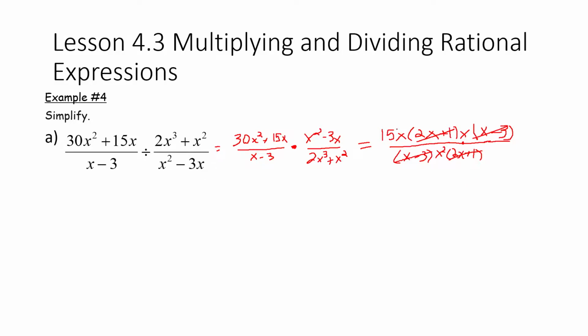Now we've got a 15x and another x and then an x squared in the bottom. So we can use one of these x's to reduce this x, and we can use the remaining x to reduce this x, and we're just left with 15. That's all for that question. Again, no non-permissible values needed because there are no x's in the denominator.